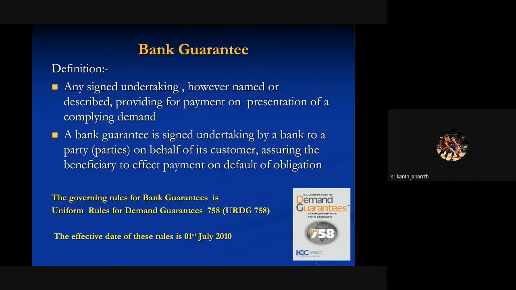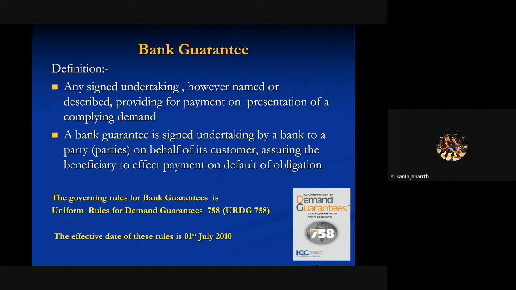Very comprehensive, 758 rules, which very precisely describe who are the parties, what is the obligation, what is the terminology, very clear. So the 758 is a good set of rules, which is practiced by parties involved in a guarantee.